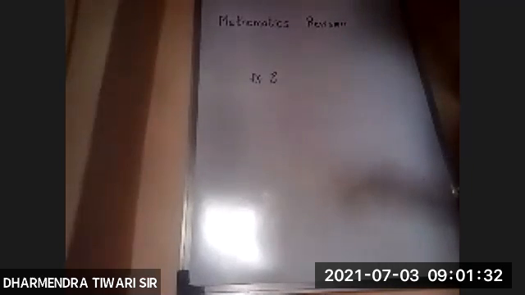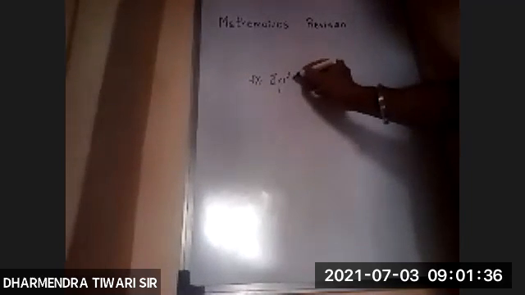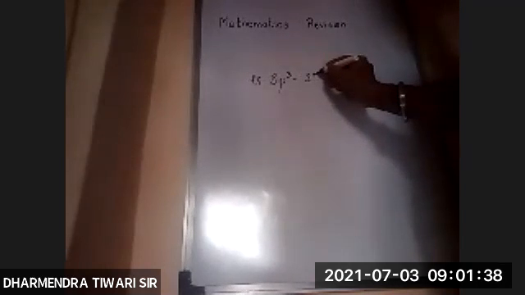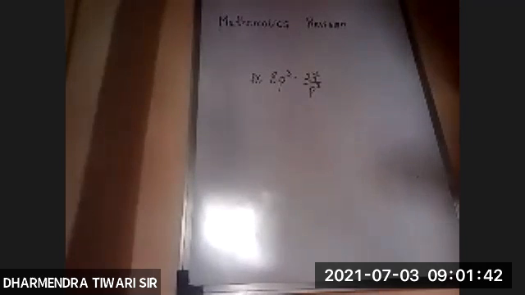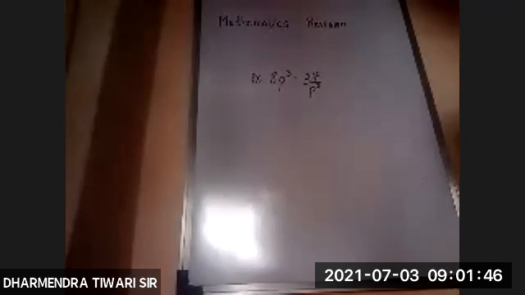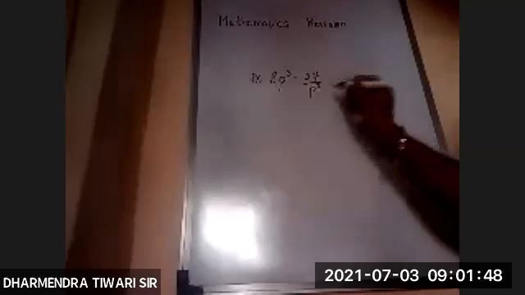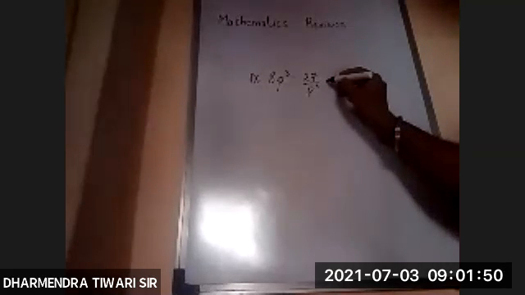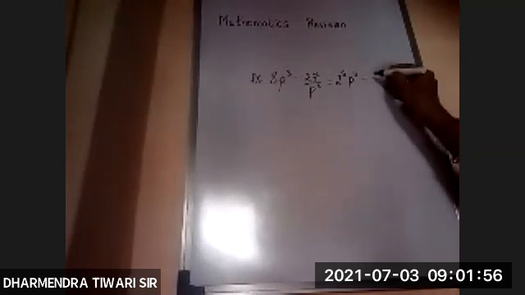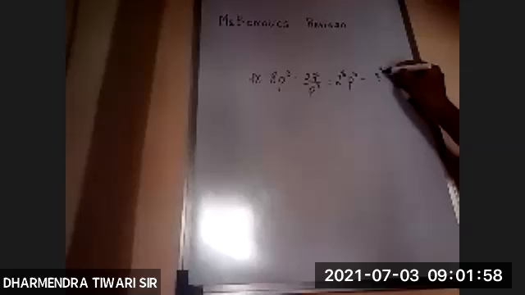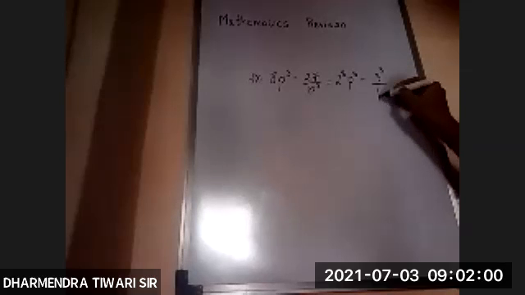So 8p cube minus 27 upon p cube. Now see, our observation regarding this problem is that we can write this as 2 cube p cube minus 3 cube upon p cube.